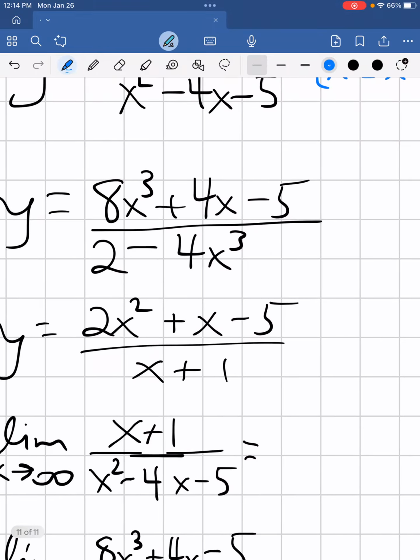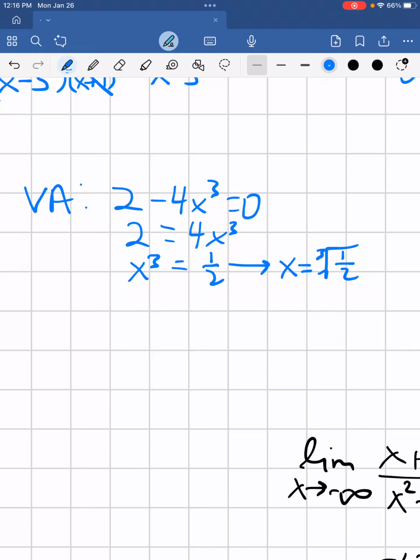And finally, if I take the cube root of both sides, I end up getting that x is equal to the cube root of 1/2. Note, I don't need a plus or minus here because I took an odd root on both sides. I only need to do the plus or minus if I take the even root of both sides. So square root, fourth root, sixth root, etc. So we have a vertical asymptote there, one single one.